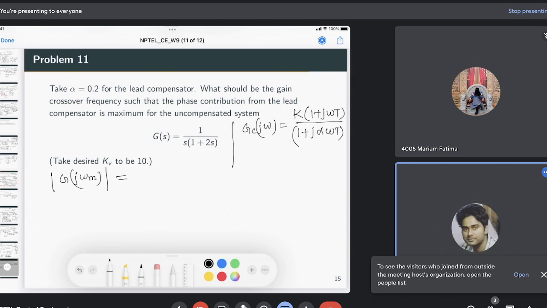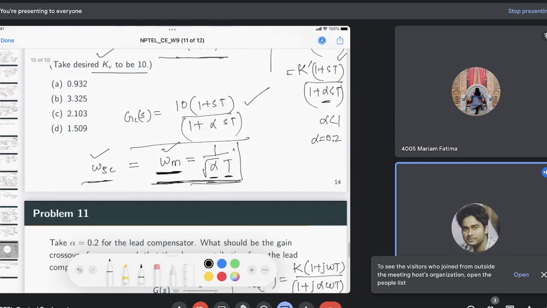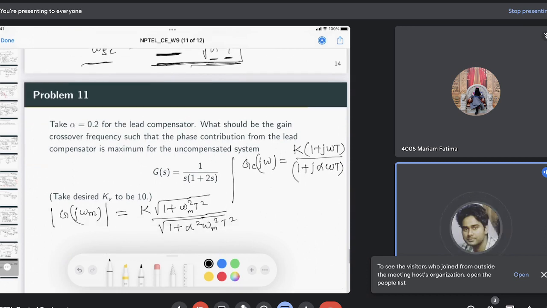This is K times the square root of 1 plus omega m square T square, by the square root of 1 plus alpha square omega m square T square. And omega m we already computed: it is 1 by T square root of alpha.